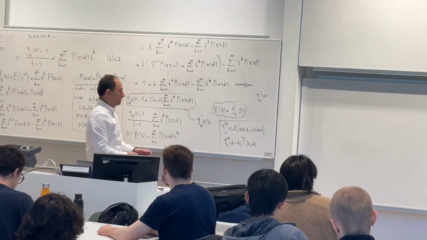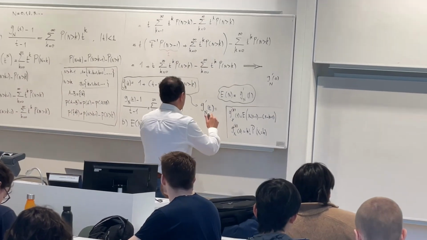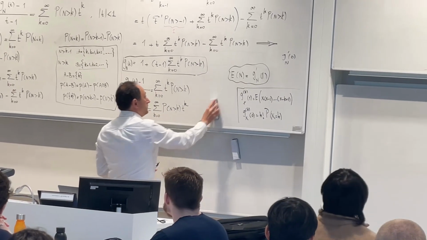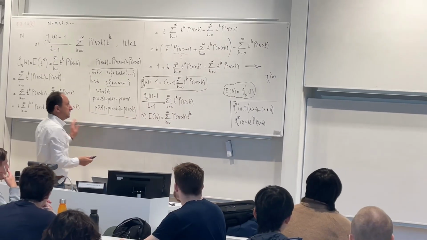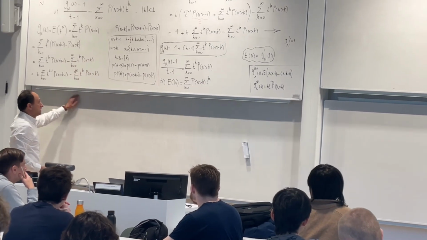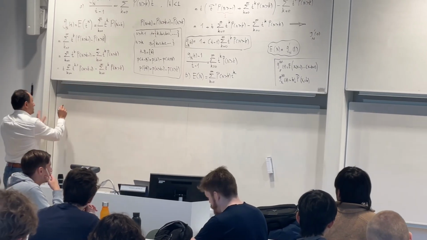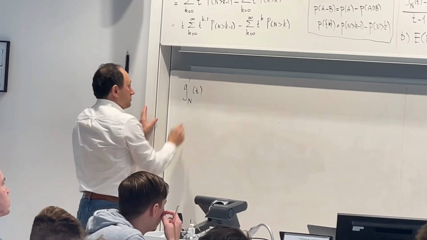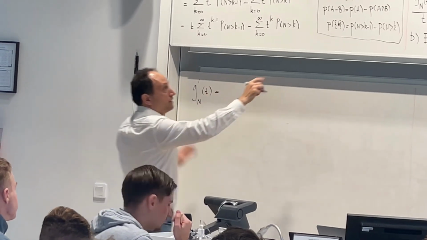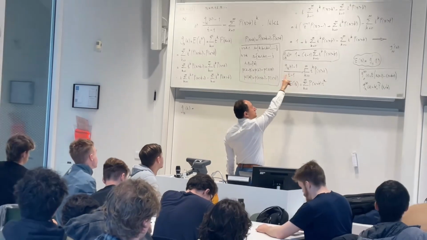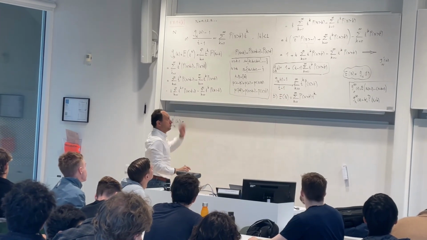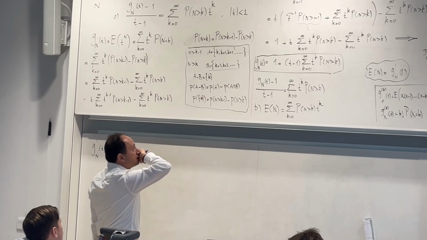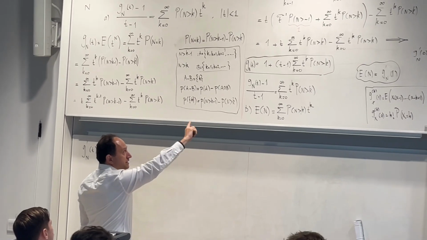Okay, so let me start writing it here, because I want to take the derivative of that with respect to t first. So g prime sub n of t is equal to, if I take the derivative of this in the box with respect to t, the first one is 0. The second one is the derivative of the first one, because that's a product rule.